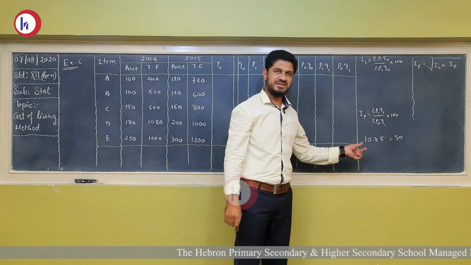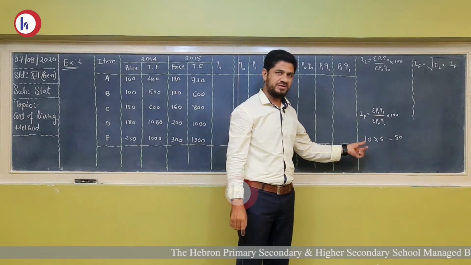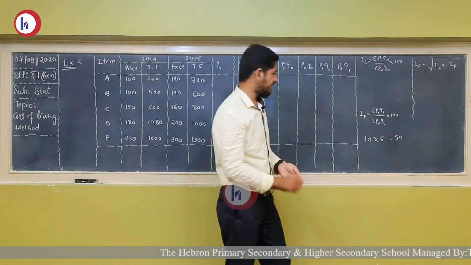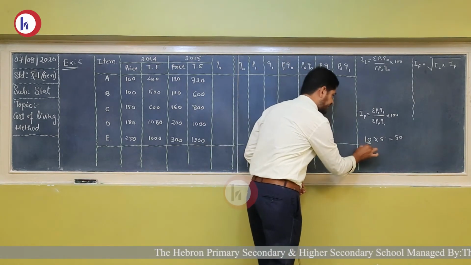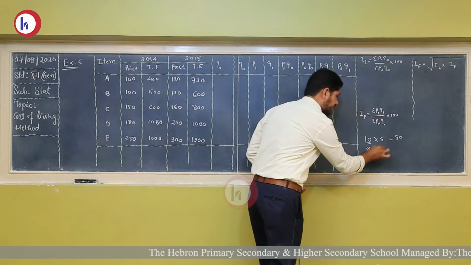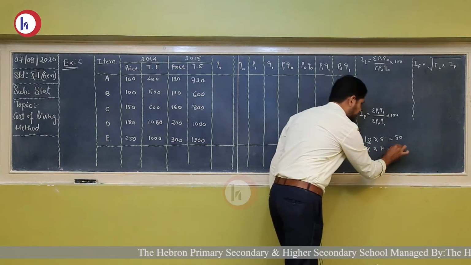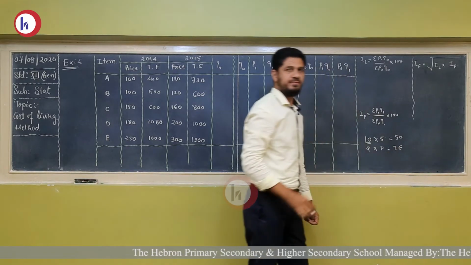Now, what is 10? 10 is the quantity. What is 5? 5 is the price and 50 is the total expenditure.